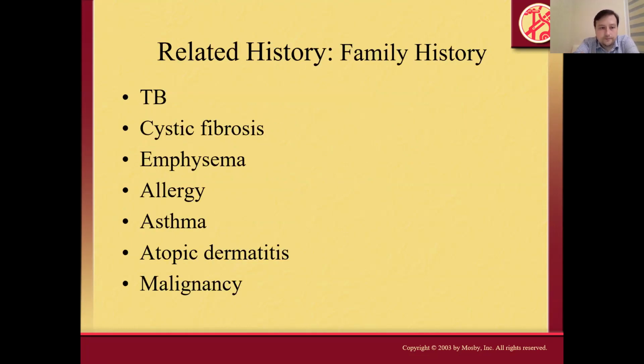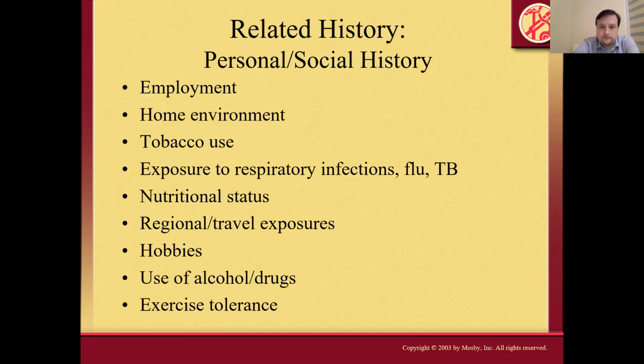Family history. Obligatory, we need to ask about tuberculosis, cystic fibrosis, emphysema, allergy, asthma, atopic dermatitis, and malignancy. Personal social history.